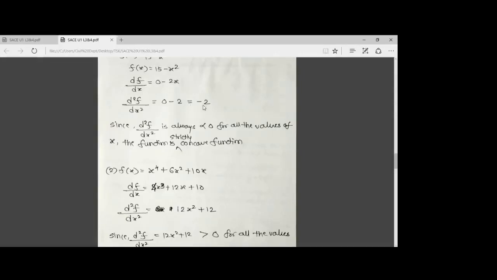So -2 is less than 0, and if it is less than 0, it is a concave function. We have also written it is a strictly concave function, as there is no variable x in the final doubly differentiable value. If there is no x, it is strictly concave. Because of that, it has become a strictly concave function.